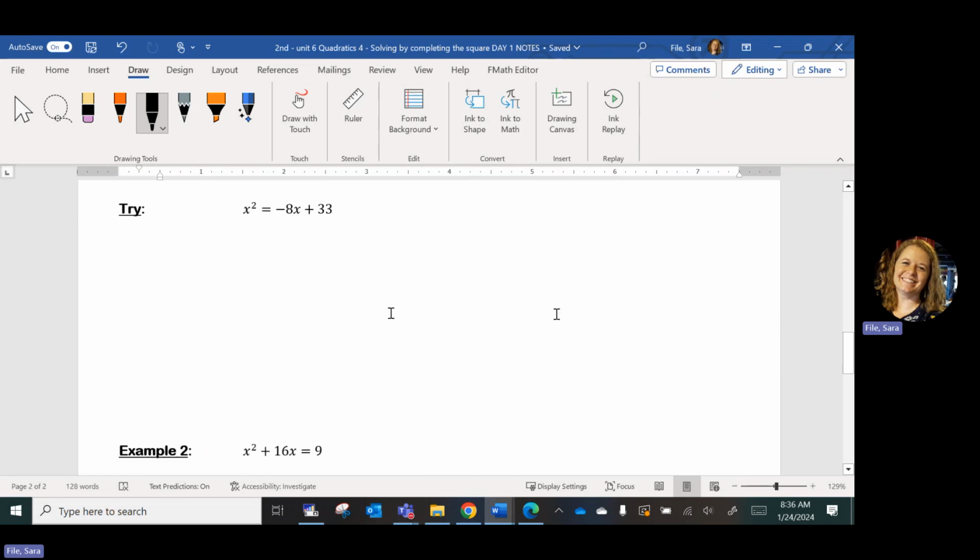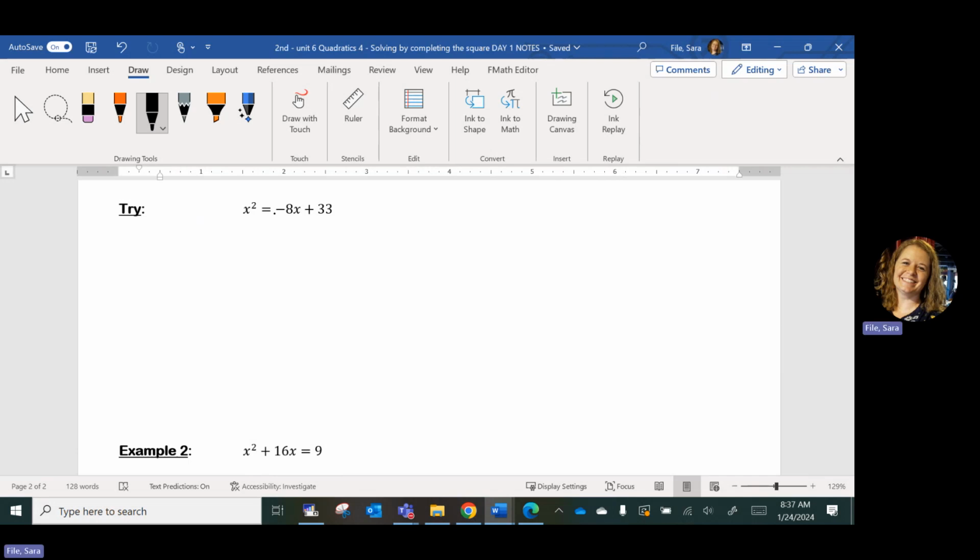So I could move the x squared over to the right so that it is set equal to 0. But what would happen if I did that? If right now it's positive x squared, how would I move it to the right side? Anybody?